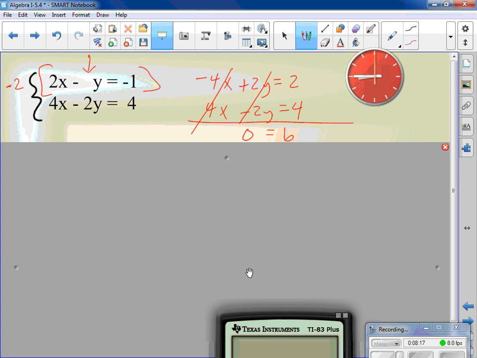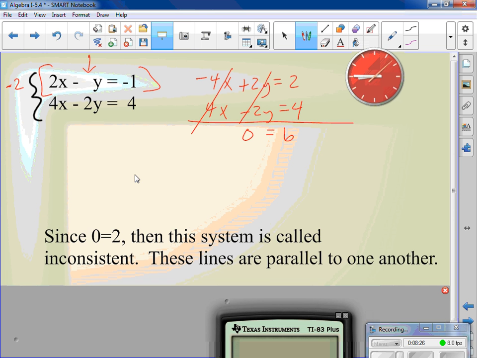I have 0 equals 6. Does 0 equal 6? No, it's not true. It's not a typo; I'll explain that in a minute. Since 0 equals 6, this system is called inconsistent. The two lines are parallel to one another. They never intersect.